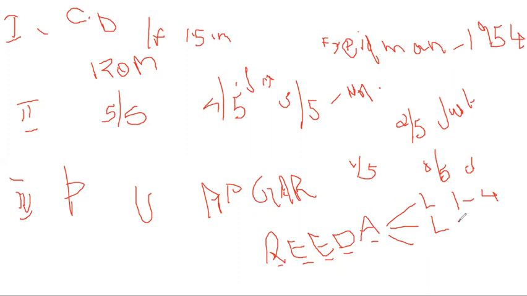Lochia serosa, which is yellow in color, seen in 5 to 9 days. Lochia alba, which is around 10 to 15 days. That is what we check in REEDA scoring.